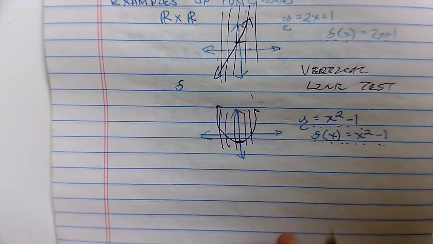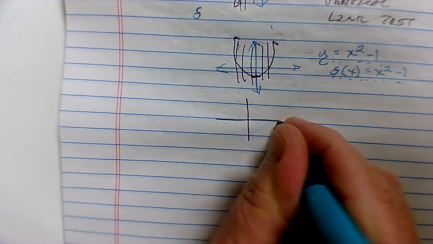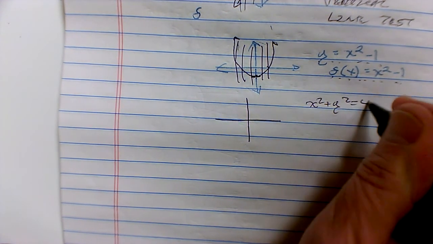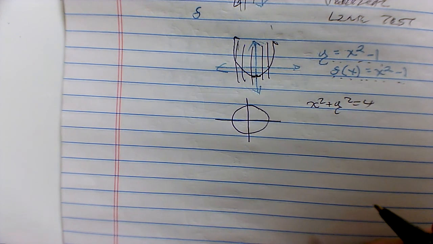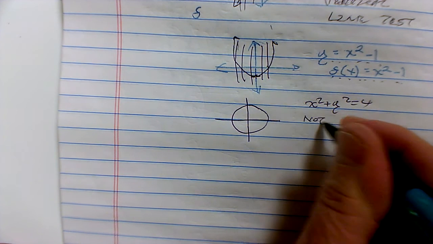Maybe in a geometry class, you looked at something like x squared plus y squared is equal to 4, and you saw that gave you a circle. Well, this is not a function.